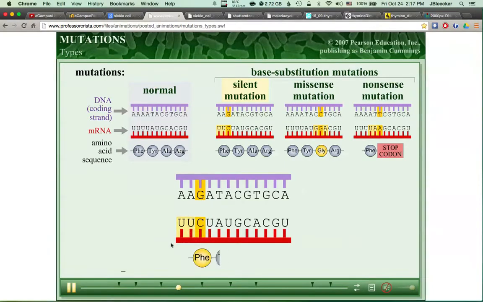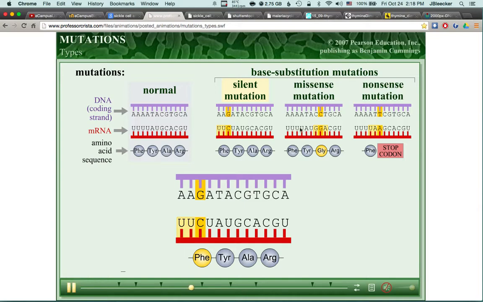So what if that change happens, but you get lucky and you still get phenylalanine, which is expected as a result? Well, then there's no change in the protein. It's a different codon, but you got lucky. You still got phenylalanine there. So that's good. We call that a mutation, but it's silent because it doesn't affect the polypeptide as a result. So I call that one the you-got-lucky mutation.